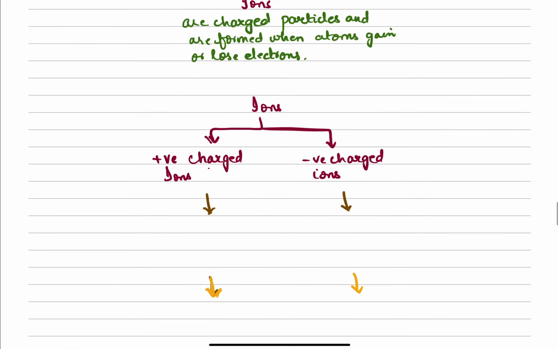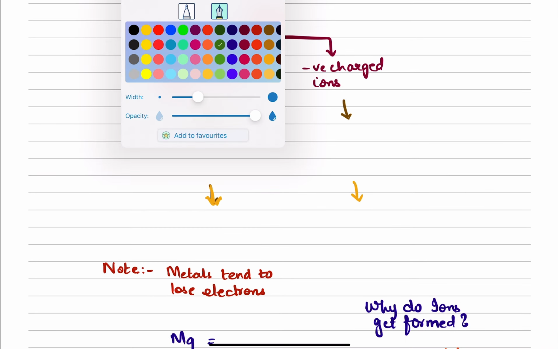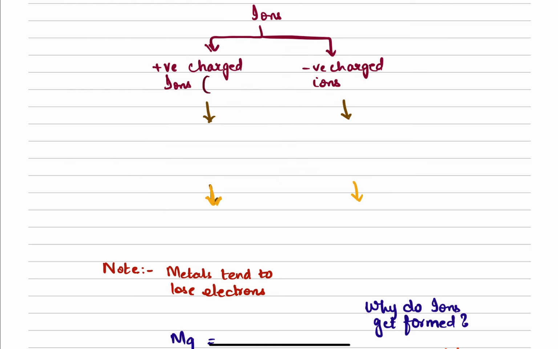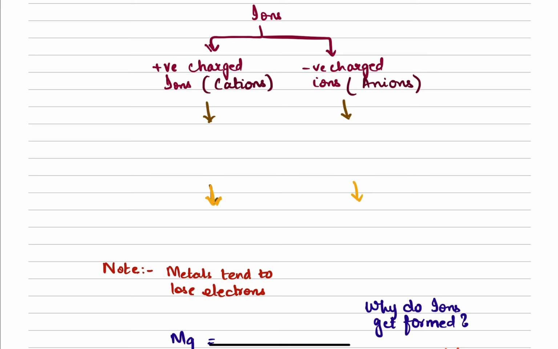Ions are of two types. We have either positively charged ions or negatively charged ions. Positively charged ions are also known as cations, and negatively charged ions are also known as anions. Cations have more protons than electrons.